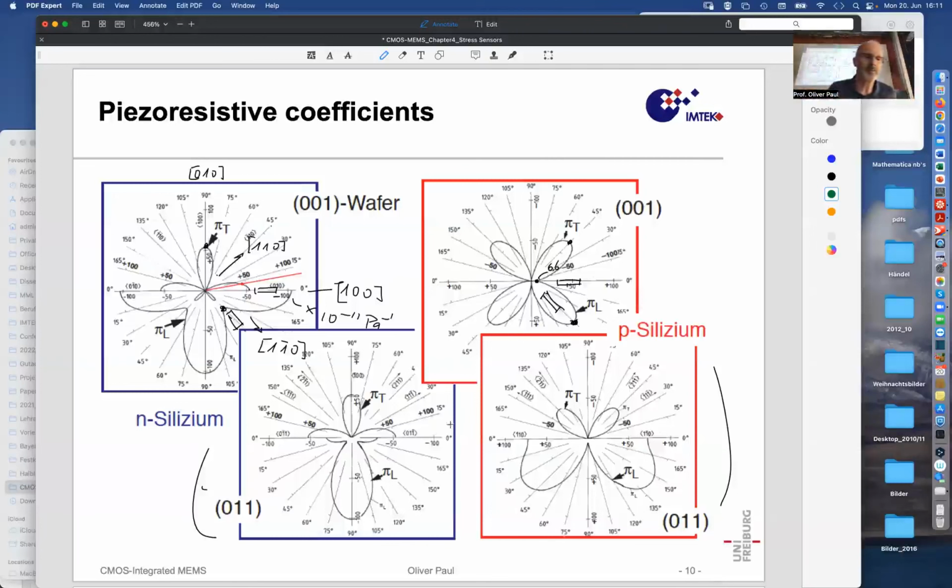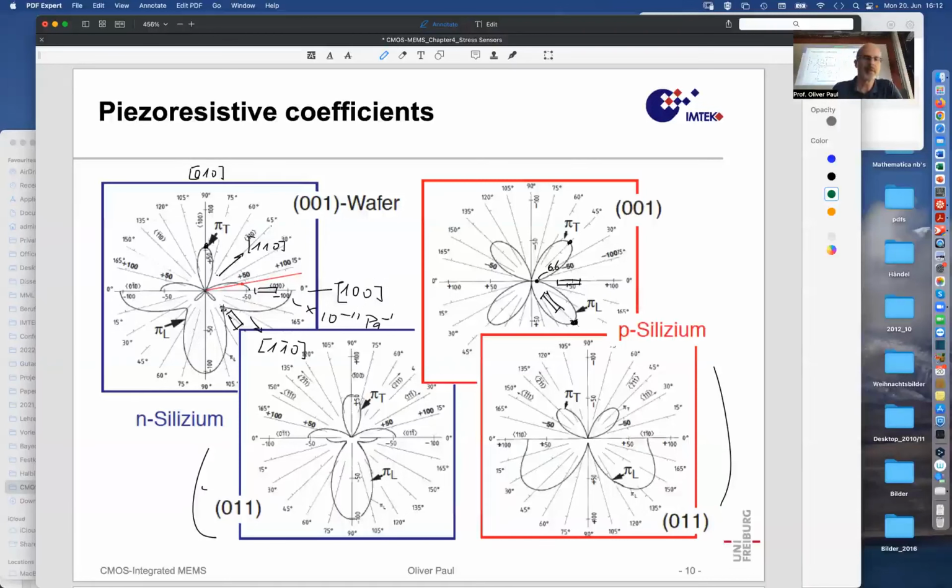That was translated by transformation rules, allowing us to calculate these pi coefficients as a function of the orientation of the resistors, and they allow us to plot these stress rosettes. They show that the longitudinal response, pi longitudinal, is strongest if an N resistor placed on a 001 wafer is oriented along a crystal coordinate direction, and then there is a minimum in between.